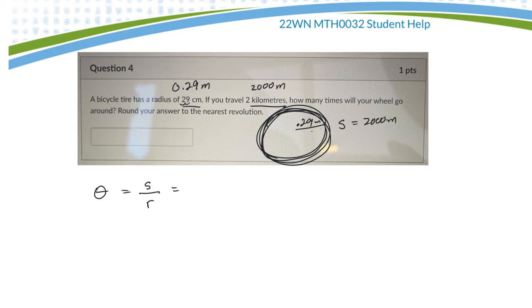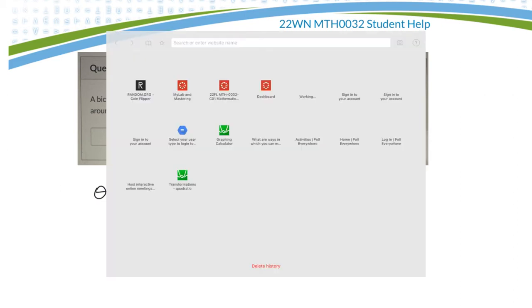Okay, so my arc length is 2,000 meters divided by my radius, 0.29 meters. Let's go to decimals and find out what that is.